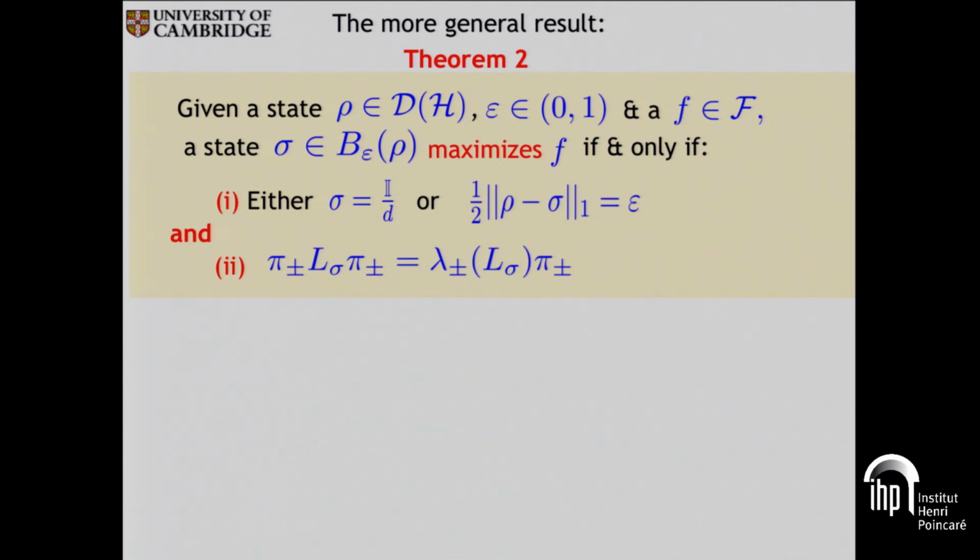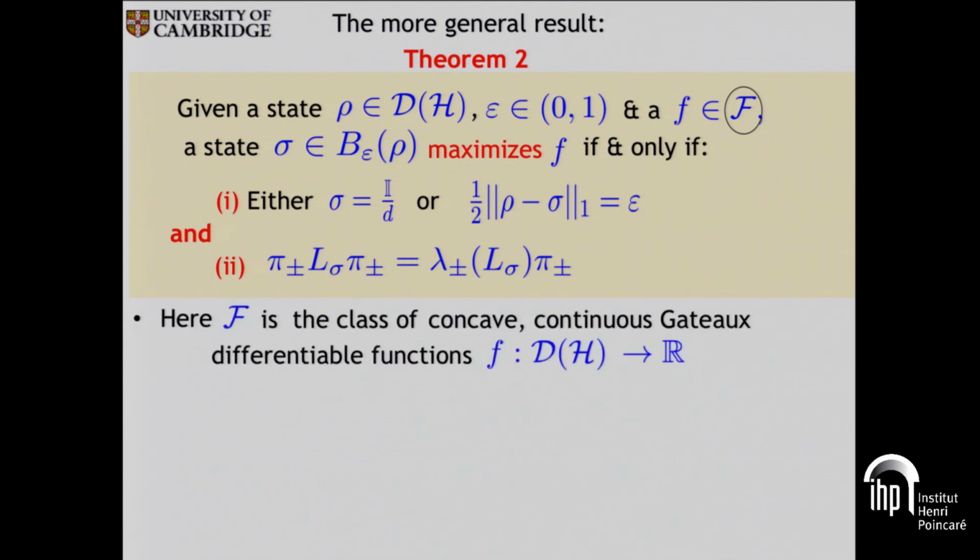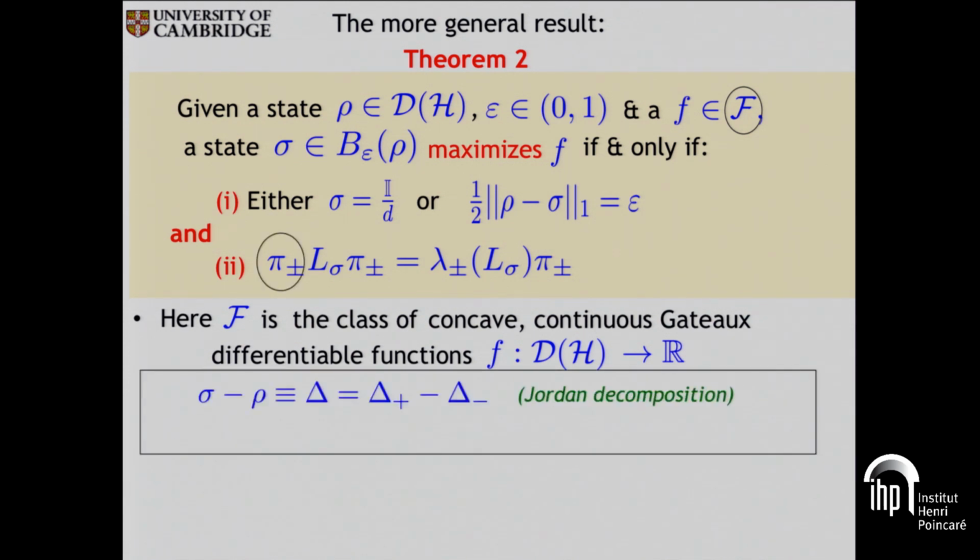So what are these different quantities appearing here? First quantity, what is this class of functions F? It is the class of concave, continuous, Gateaux differentiable functions. And we saw examples of it in the last slide. Then what is pi plus minus? So what we do is we take the difference operator sigma minus rho and write it in this manner. So please don't confuse it with the probability simplex, which we've left behind.